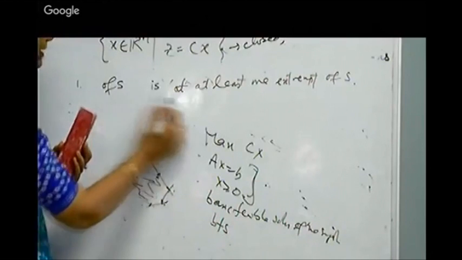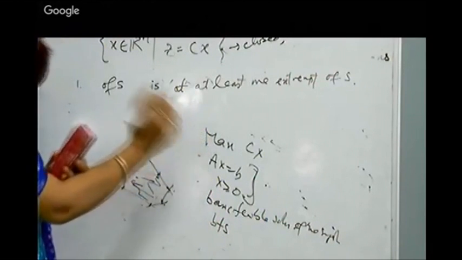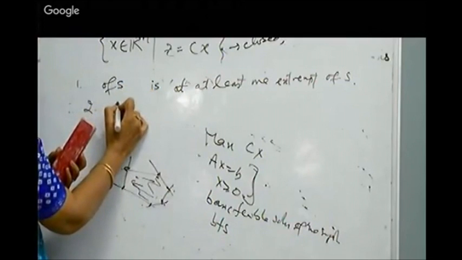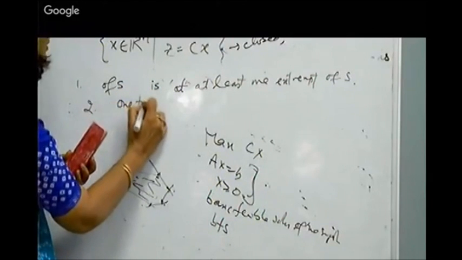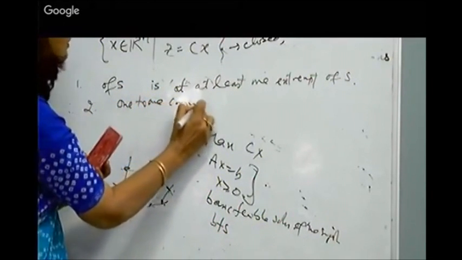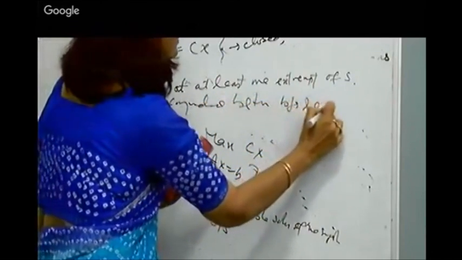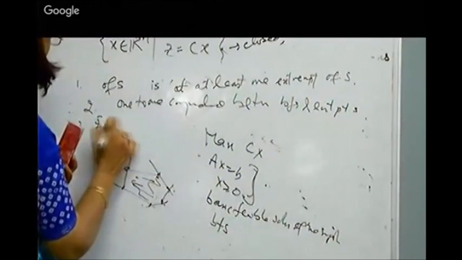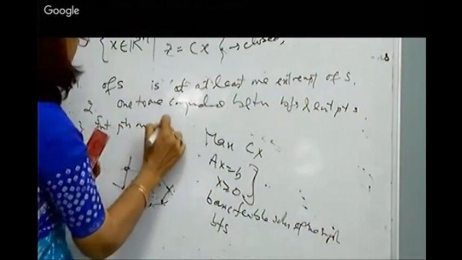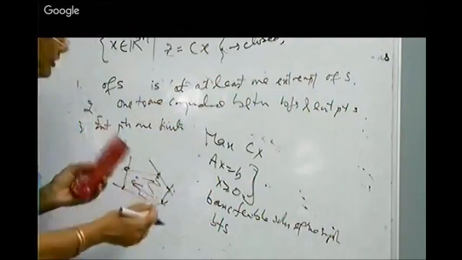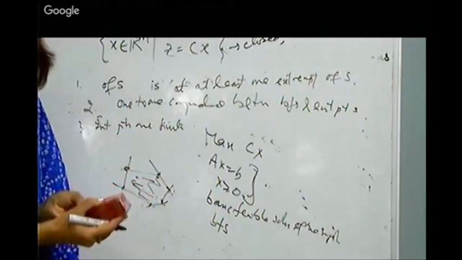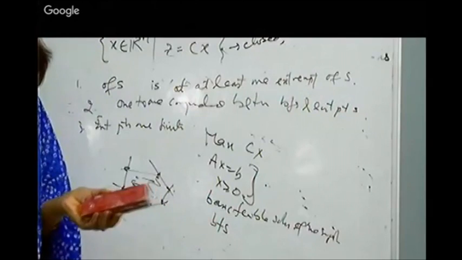See, one thing is, this is main result of the LPP. Second result says there is one-to-one correspondence between BFS and extreme points. And third observation is extreme points are finite. वो यहाँ से दिख रहे हैं R2 में, Rn में कैसे justify करोगे आप, right?